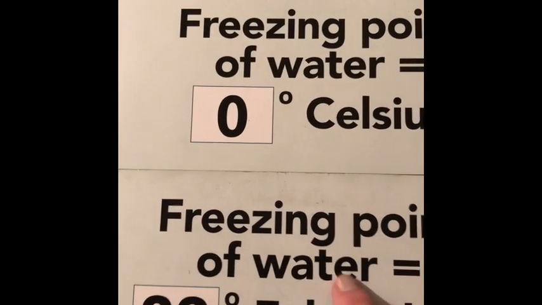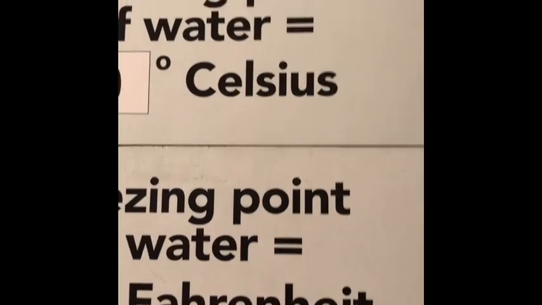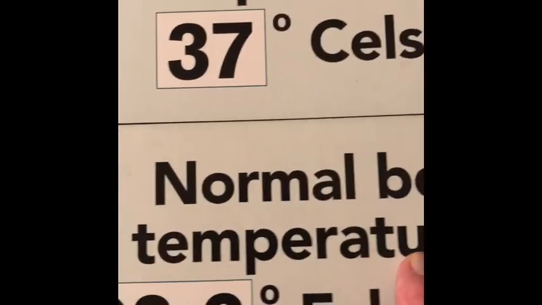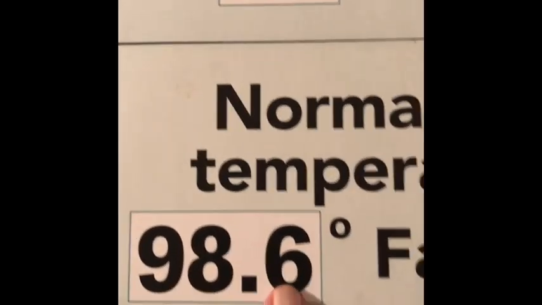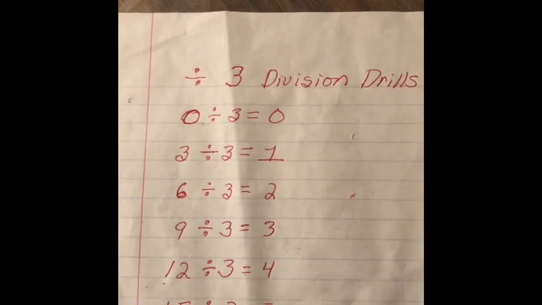Freezing point of water is 32 degrees Fahrenheit. Normal body temperature is 37 degrees Celsius. Normal body temperature is 98.6 Fahrenheit.